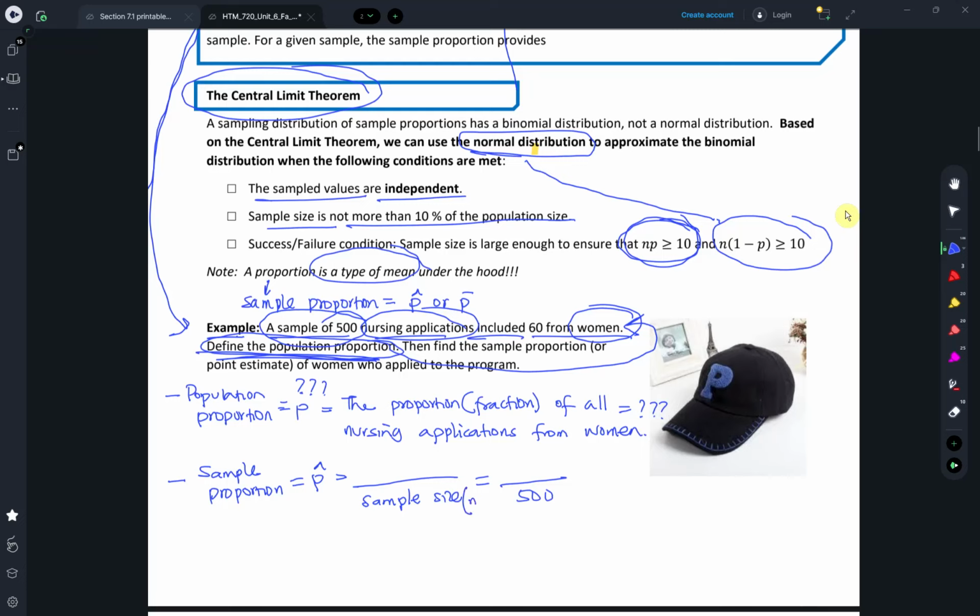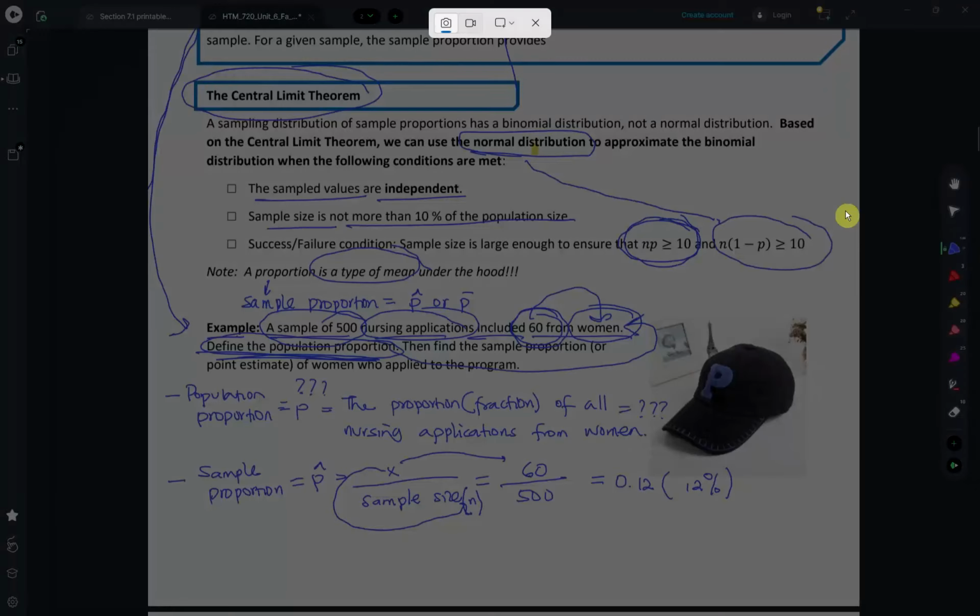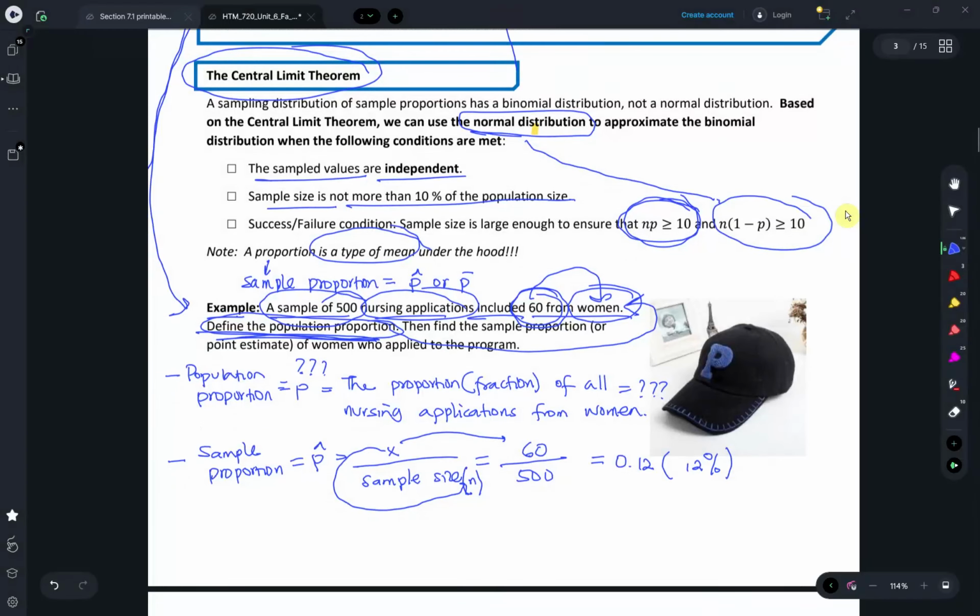The sample size is represented by lowercase n, and how many have the attribute of interest out of the sample size? The count of those who have the attribute of interest was 60 from women. So 60 out of 500, and that represents about 12% of all applications were from women as far as the sample is concerned.